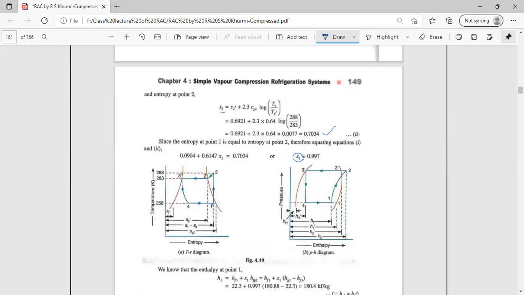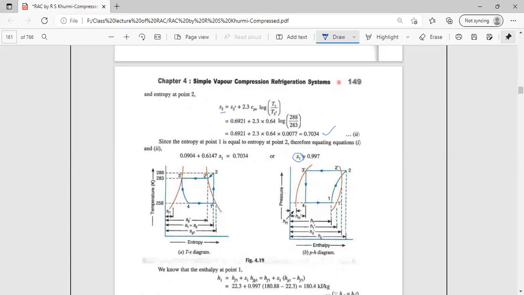So the enthalpy at the point 1, H1, is equal to HF1, the enthalpy of the fluid at point 1, plus the dryness fraction multiplied by the latent heat of conversion of the liquid. So if it is 99.7% converted, it means 99.7% vapor is being converted.